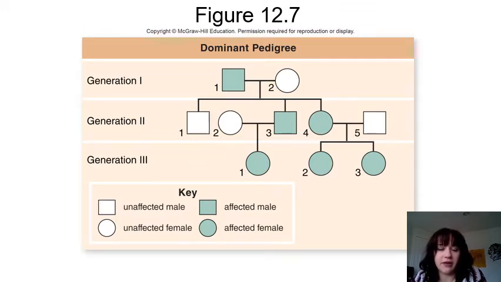If you are heterozygous, you are going to have the disease, right? The fact that in the second generation some of the children had it and some didn't indicates that the father was heterozygous for the disease because he was able to pass on the healthy allele to some of his children, but not all.